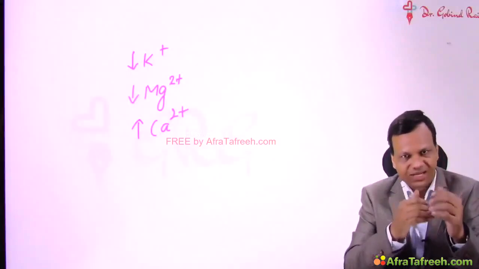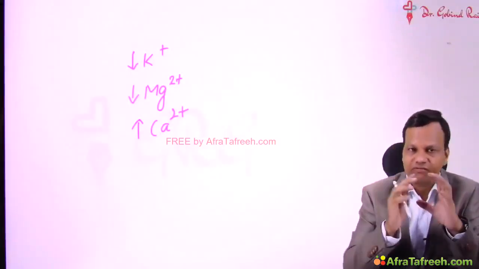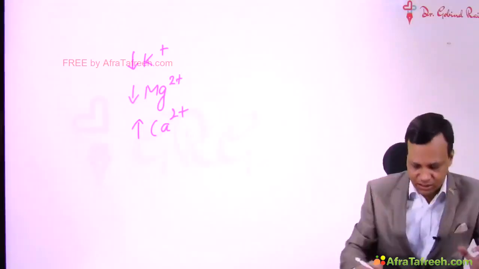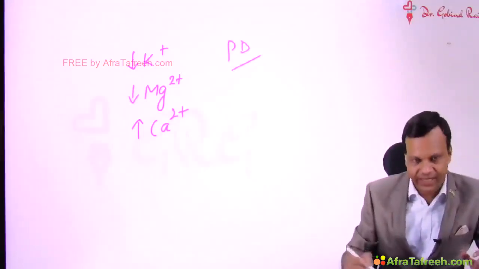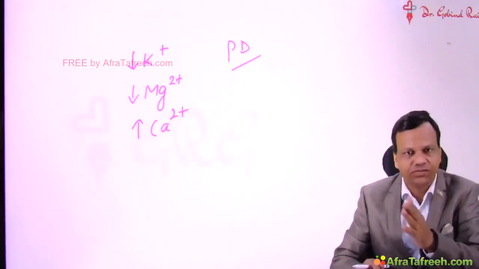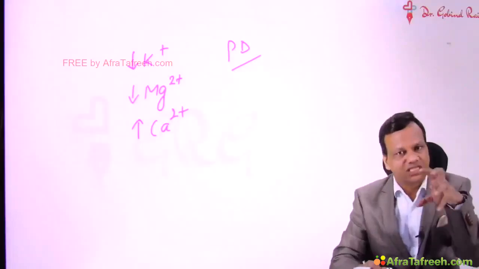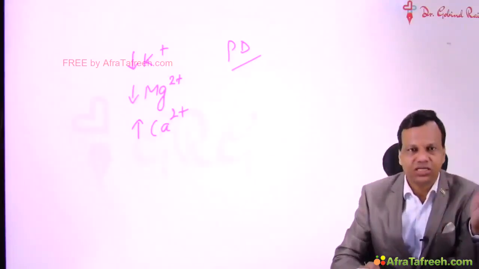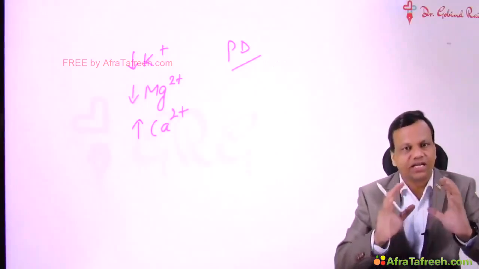So thiazide precipitate digoxin toxicity by pharmacodynamic interaction. This is pharmacodynamic interaction because thiazides do not change the plasma level of digoxin. So plasma level is same, but same amount of digoxin become more toxic. So that is called pharmacodynamic interaction.